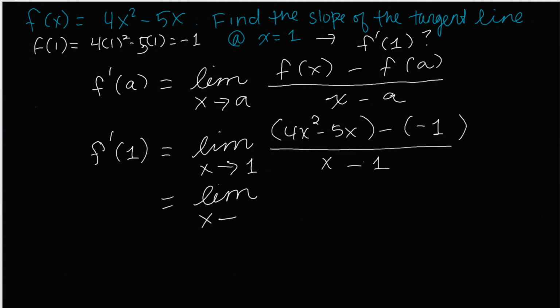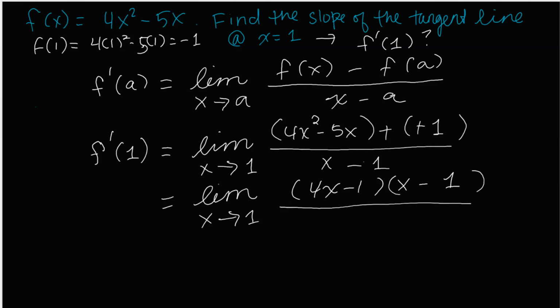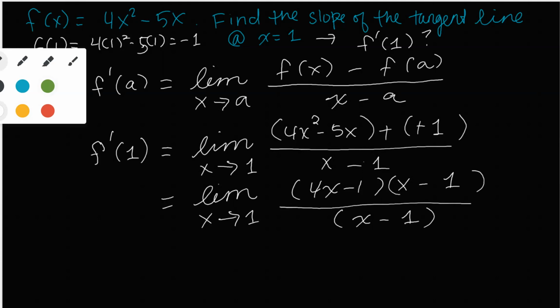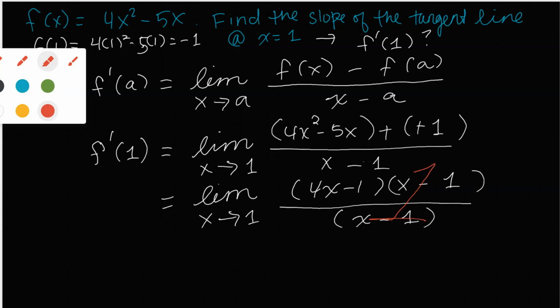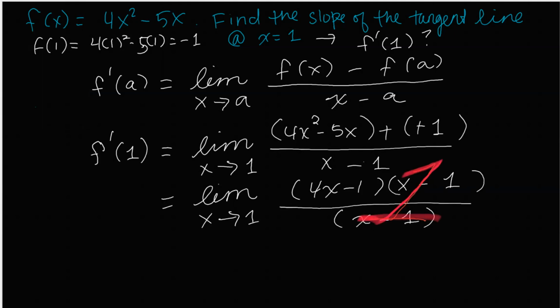So the limit as x goes to 1 of, and minus is a plus, and then I get to factor this. When I do, it would be 4x minus 1 and x minus 1. And then on the denominator, I have x minus 1. And as you can see, x minus 1 divided by x minus 1 is 1, right?